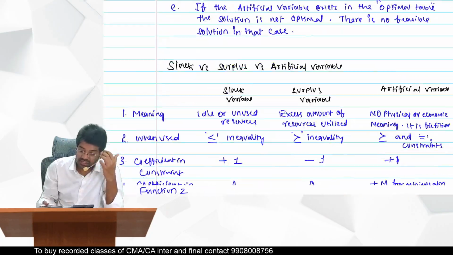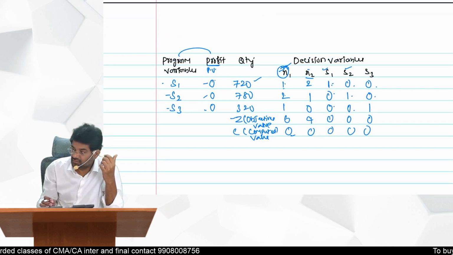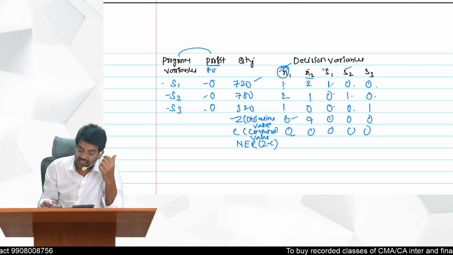Now you should calculate NER, the net evaluation. How do you get this? It is Z minus C. So the Z value is 6.